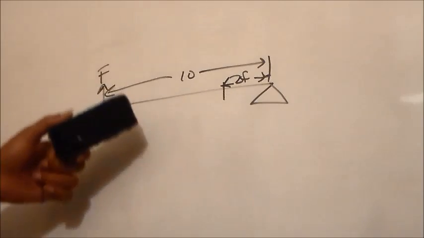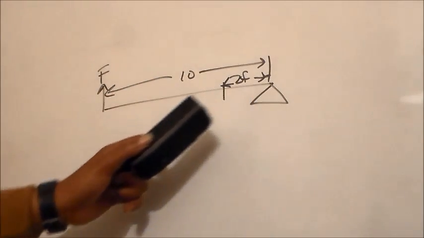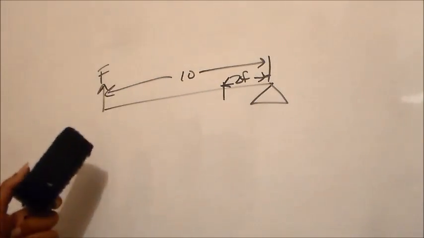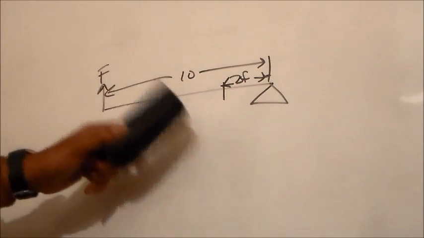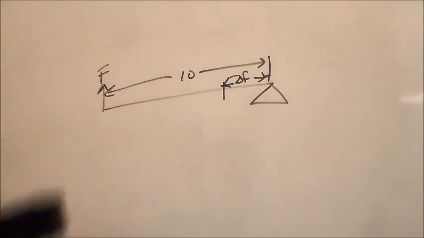What is the mechanical advantage of this machine? Because it's a lever, it's a machine. We add force to it and we multiply our forces added to it.